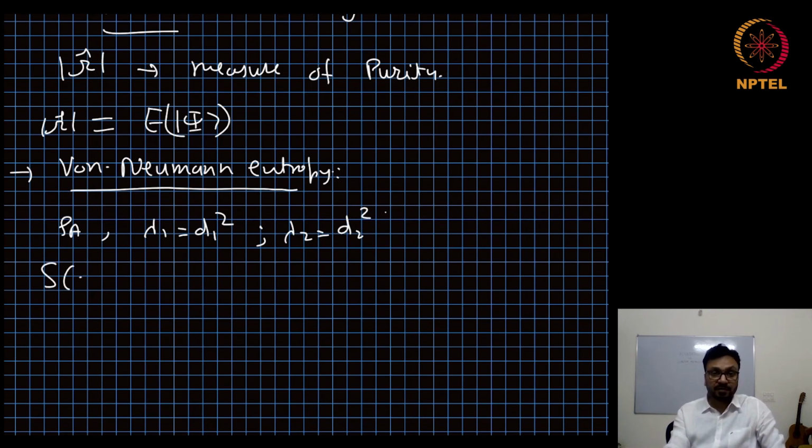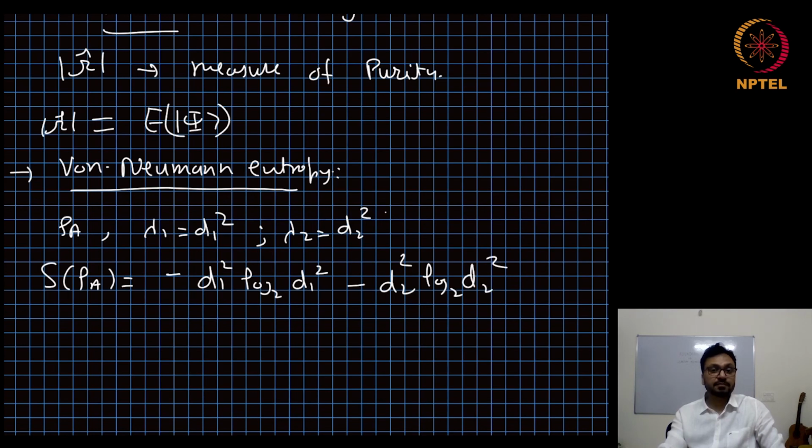Then the Von Neumann entropy for rho A is defined as minus d1 square log base 2 d1 square minus d2 square log base 2 d2 square, or it is written as minus the trace of rho A log base 2 rho A.